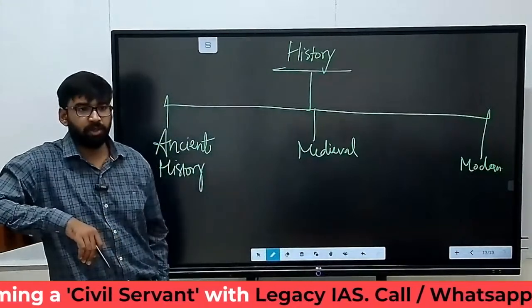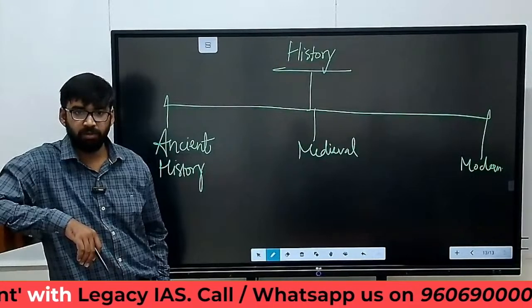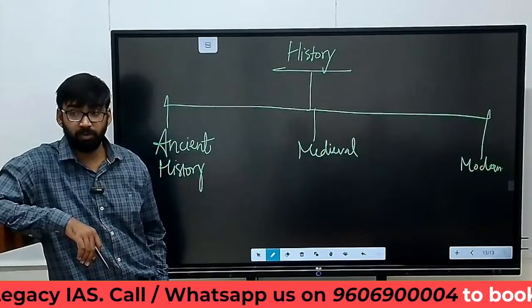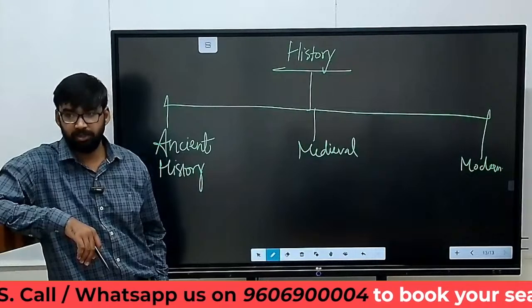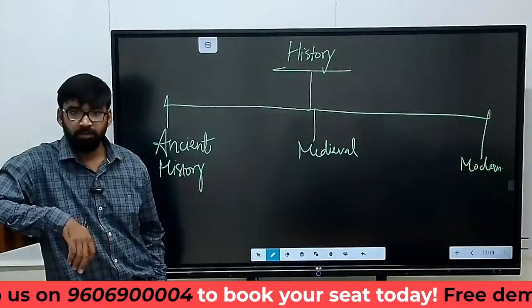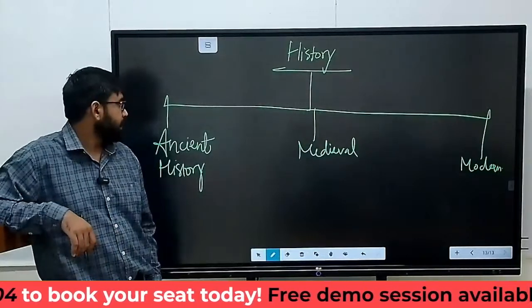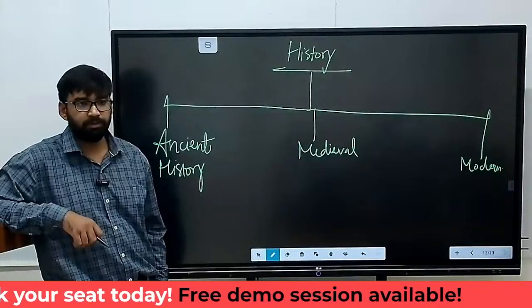From next year, the Government of India is going to change the name of ancient history. In NCERT books, it will be classical history. Recently, the government has announced this. Clear? Okay. Ancient, medieval, and modern.